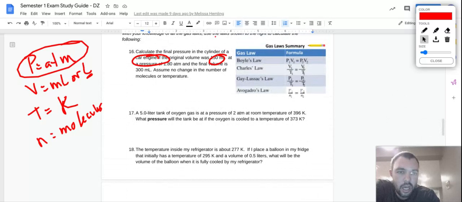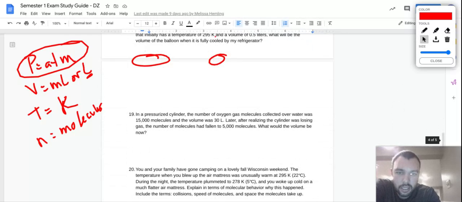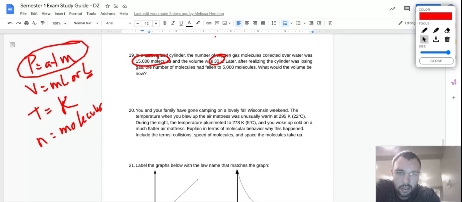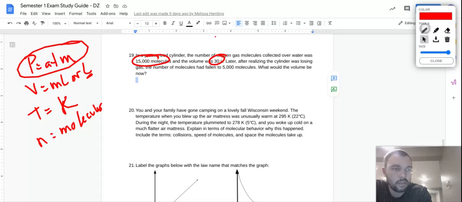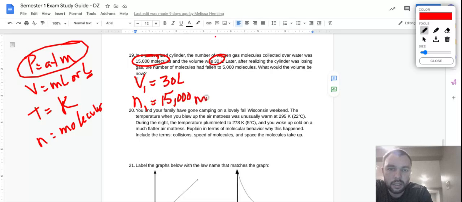V over N for Avogadro's law here, V over N. So that's how I'm going to write it. V1 equals 30 liters, N1 equals 15,000. I'll just abbreviate MOL for molecules.